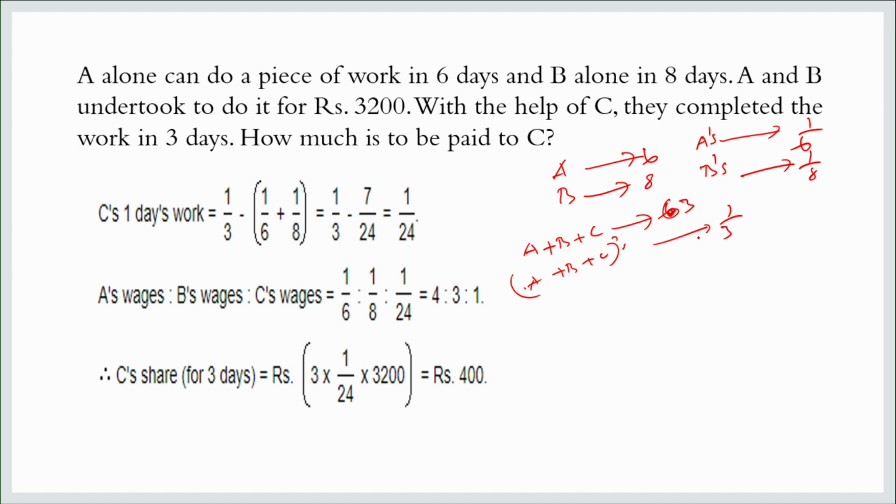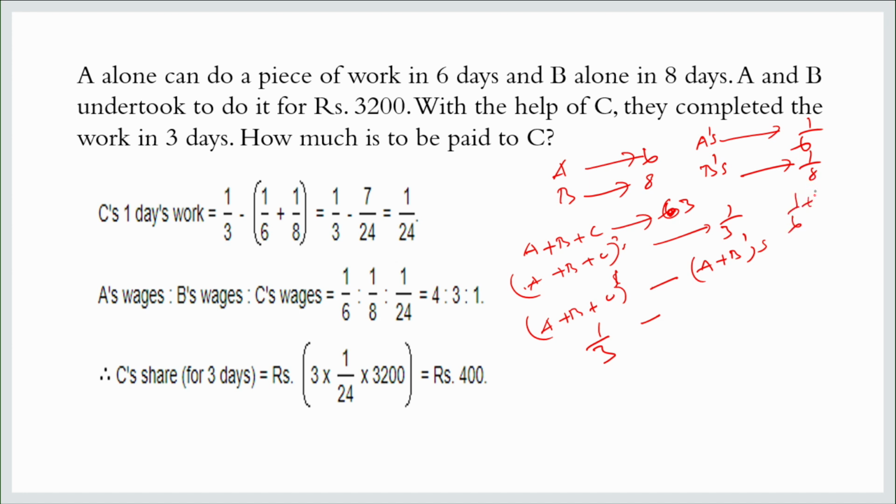So, if you want C's work, it is simply A plus B plus C's 1 day work minus A plus B's 1 day work. A plus B plus C's 1 day work is 1 by 3, correct? And A plus B's work is 1 by 6, correct?